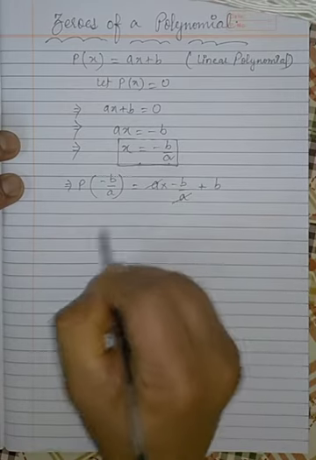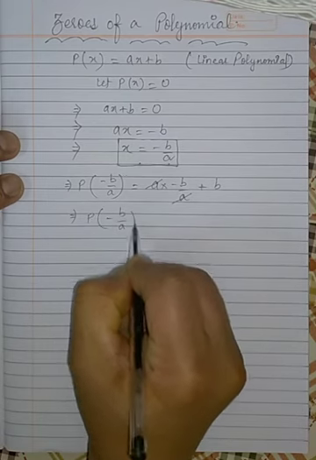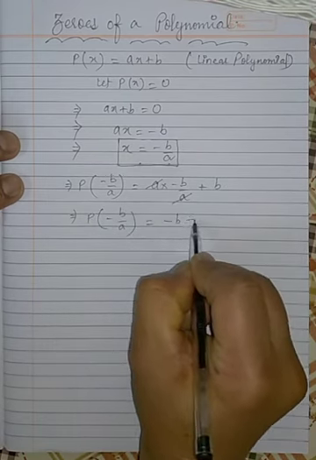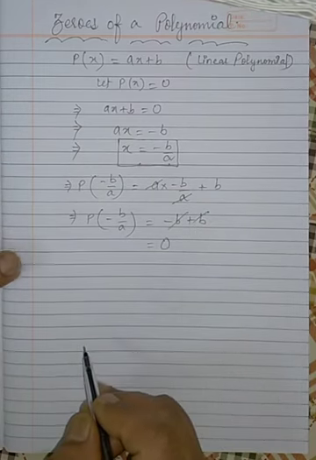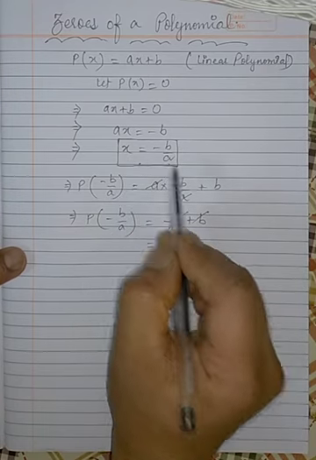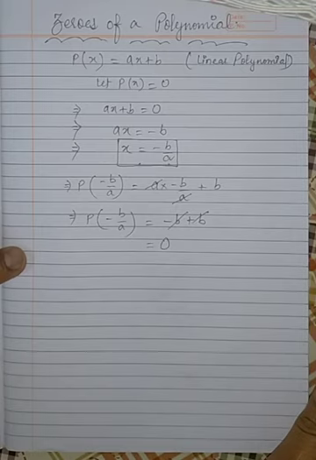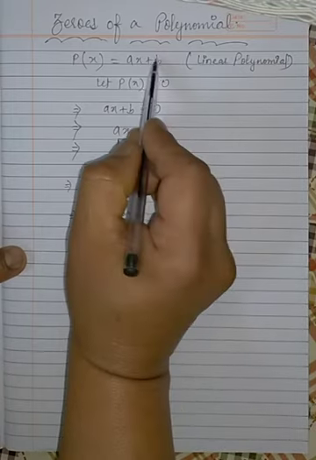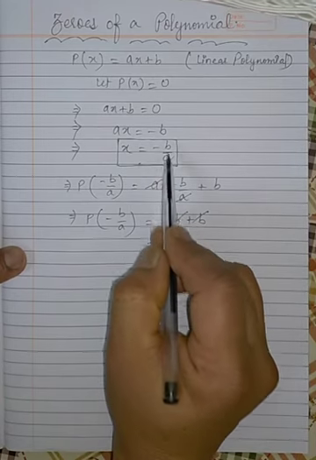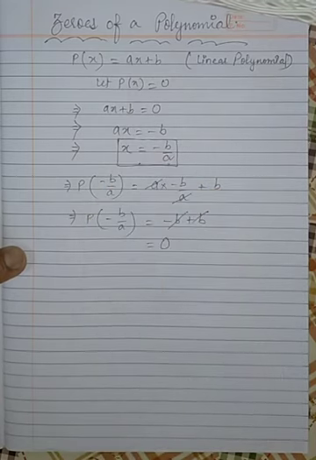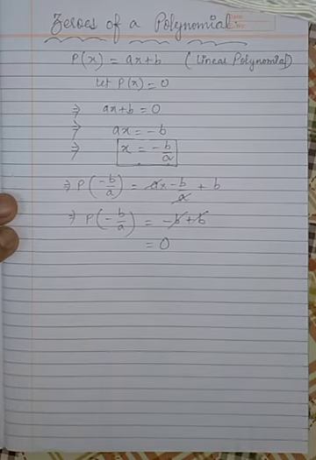Here a can cancel, so p of minus b upon a is equal to minus b plus b, which is equal to 0. That means x is equal to minus b upon a is the zero of the polynomial, because when it is replaced in the given polynomial, it results in 0. So x is equal to minus b upon a satisfies the value of x for the given polynomial. This we studied in class 9.